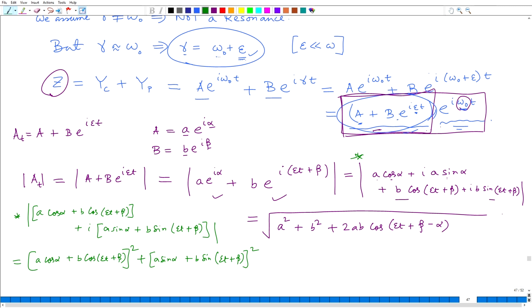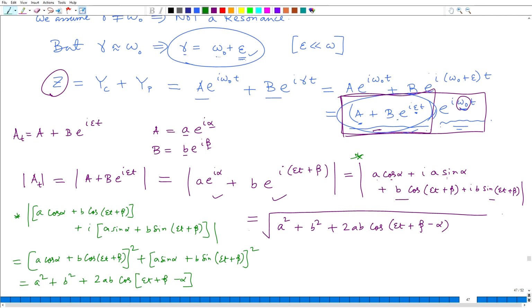And then you will have, yes, so this is what it is. Then if you do the calculation, you will have A square plus B square plus 2AB cos (epsilon t plus beta minus alpha). Okay. This you can easily see.